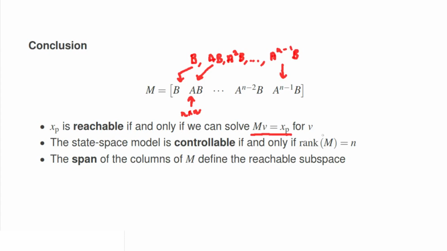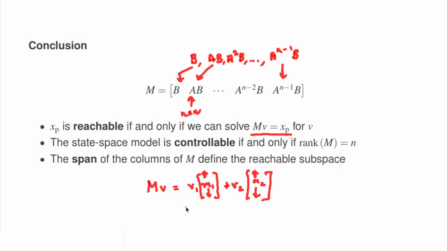In order to work out whether every single point in the state space was reachable, we introduced an interpretation of matrix multiplication based on the columns of the matrix M. In particular, we showed that the matrix product Mv could be rewritten as v1 multiplied by the first column of the matrix M, plus v2 multiplied by M2, the second column of the matrix M, and so on.